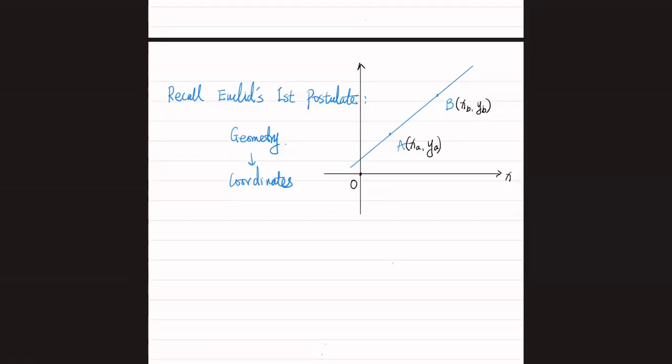So the first observation we have: let's compare the different lines. This line with this line. How do we distinguish these three lines?